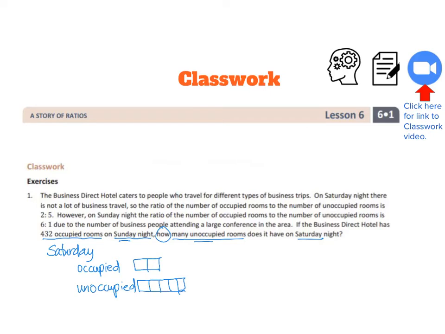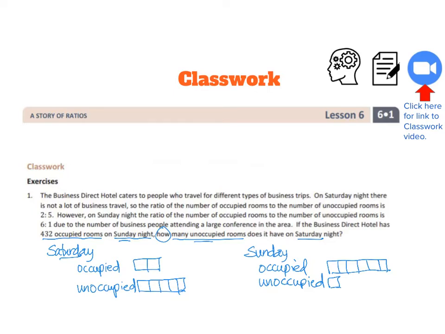Okay, so I've got my tape diagram for Saturday. Now I'm going to go over to Sunday, and that really changed. Occupied and unoccupied, and you're checking your work to make sure you've got this drawn out. Then it shifts to occupied is 6 to 1. Really shifts. Okay.